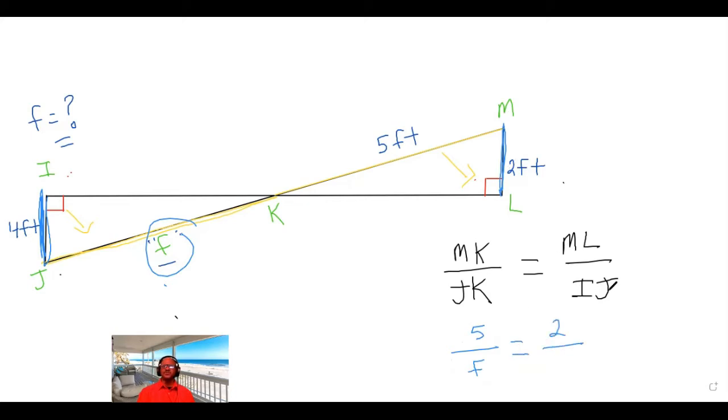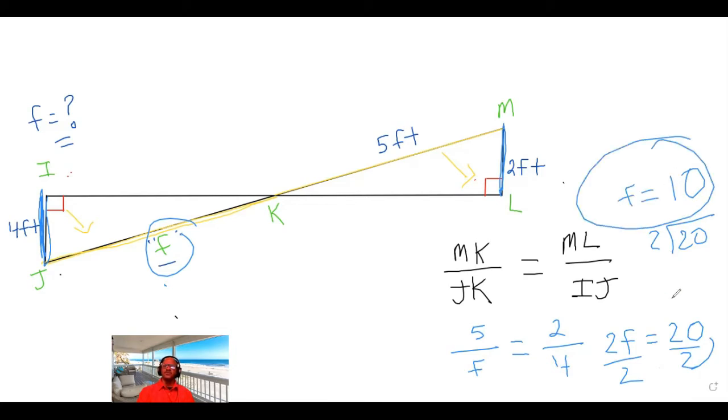And then IJ was, yes, it was 4. And so it looks like we have 2F equals 20, right? And 20 divided by 2 is, yes, it is 10. And so if you had F is equal to 10, you had that one correct.